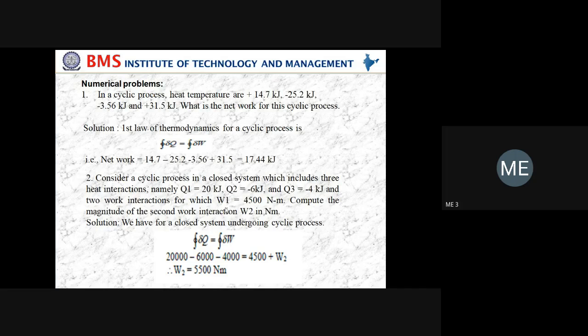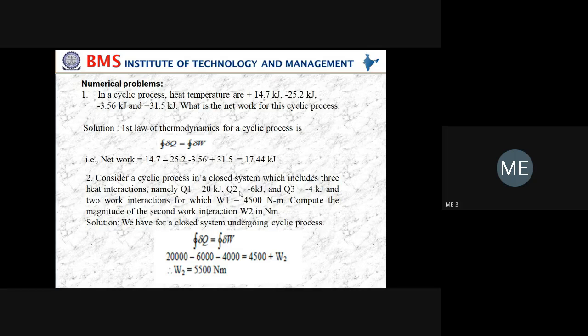So first, we have to write that Q1 plus Q2 plus Q3 equals W1 plus W2. So in a cyclic process, the summation of work transfer equals summation of heat transfer. Okay.